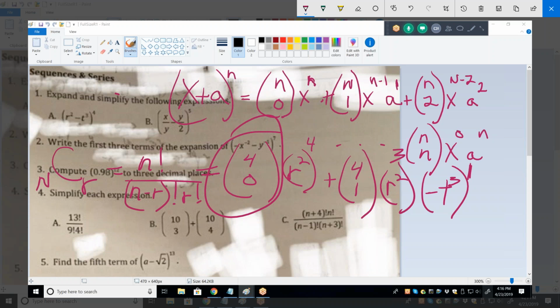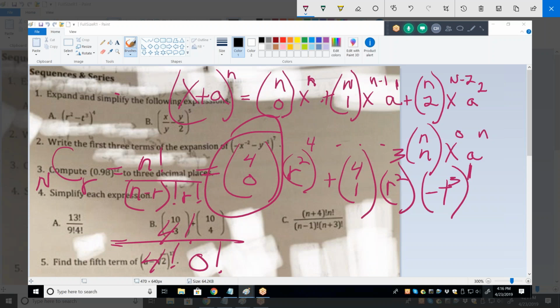So for our 4 choose 0, we get 4 factorial divided by 4 factorial times 0 factorial. That's equal to 1. 0 factorial, believe it or not, is the same as 1 factorial. I've always found that fascinating, and I don't quite understand it.